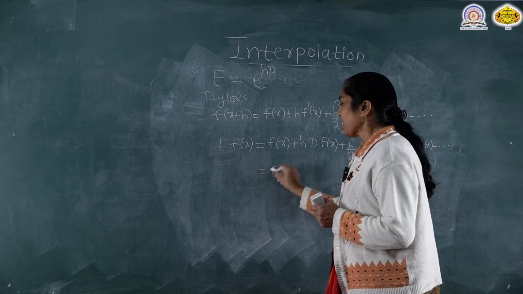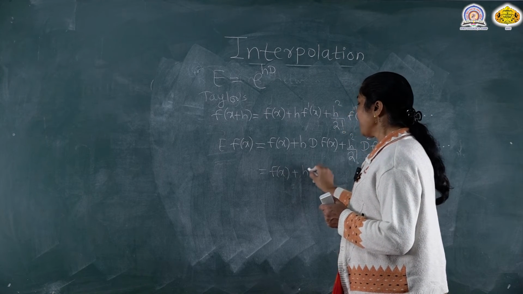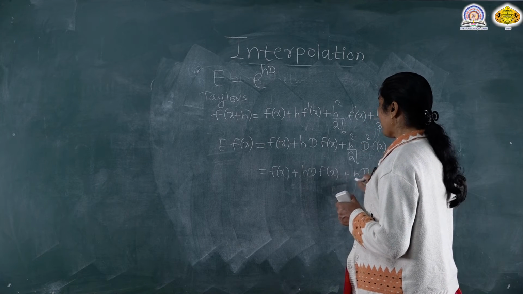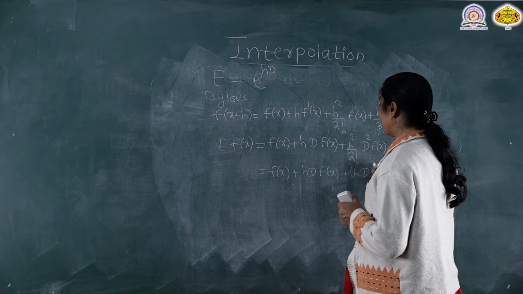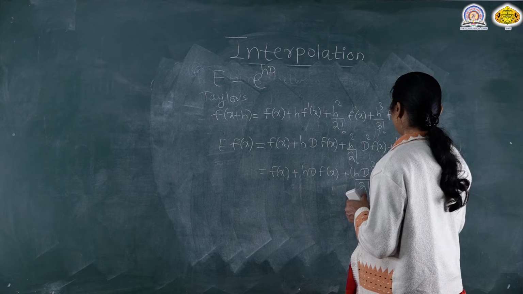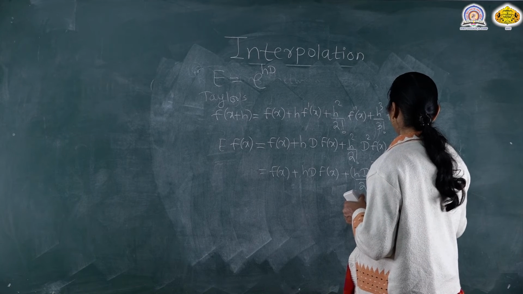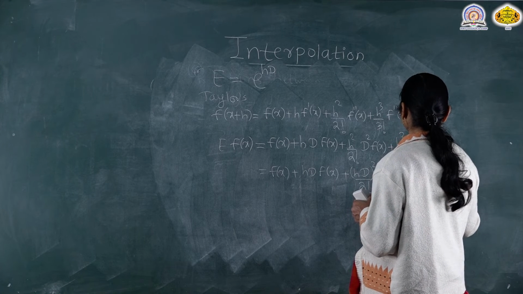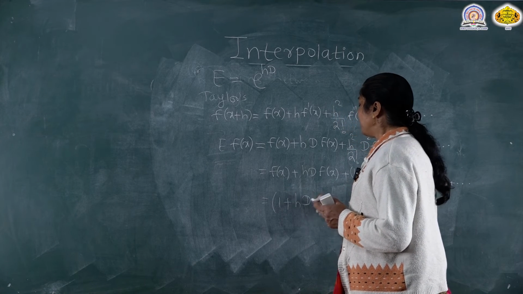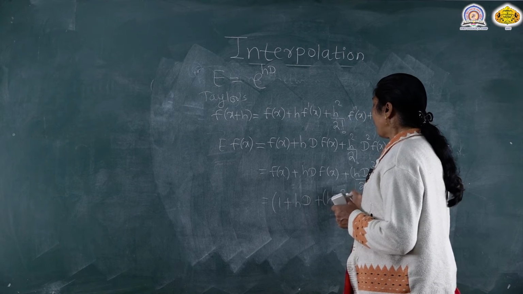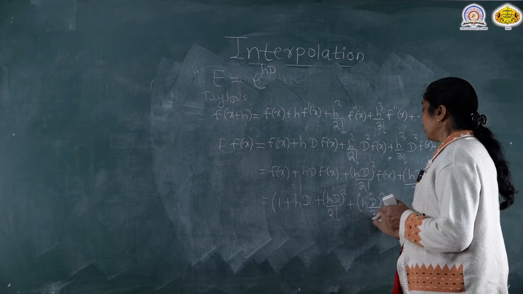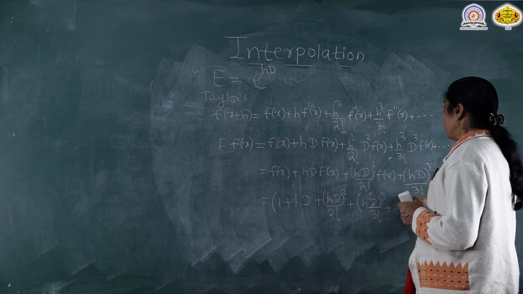So this is nothing but f(x) plus hD f(x) plus h square D square by 2 factorial f(x) plus h cube D cube by 3 factorial f(x), and so on. So it is nothing but 1 plus hD plus (hD) square by 2 factorial plus (hD) cube by 3 factorial, and so on, acting on f(x).